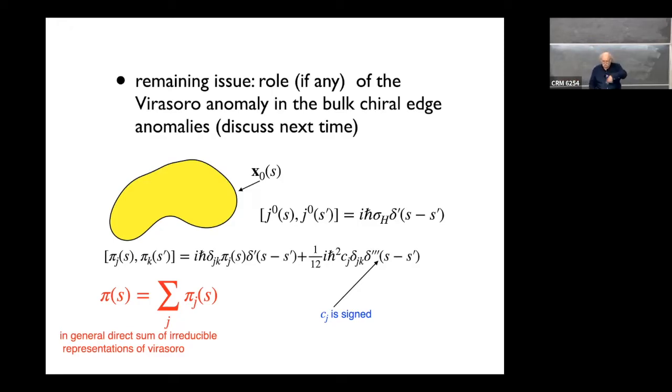The interesting thing, of course, is that the Virasoro algebra is somehow measuring the difference between the number of right moving degrees of freedom per unit length and left. But a very interesting question is to what extent the Virasoro algebra of the edge is present in the bulk, because current theory says that the bulk is described by topological quantum field theory, and certainly in the triangle relations or the pentagon relations of the topological quantum field theory, you do have c entering, but only in an exponential form.